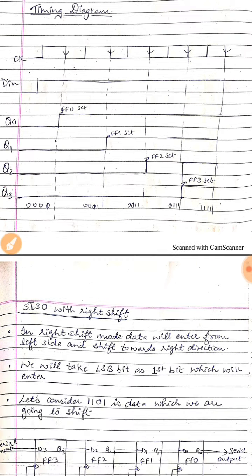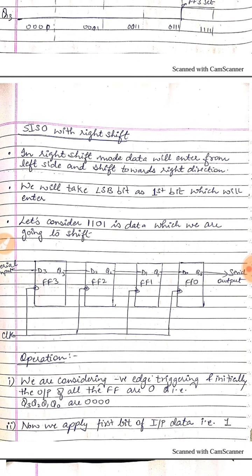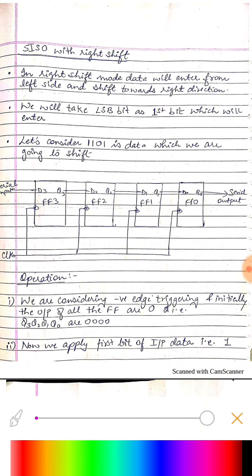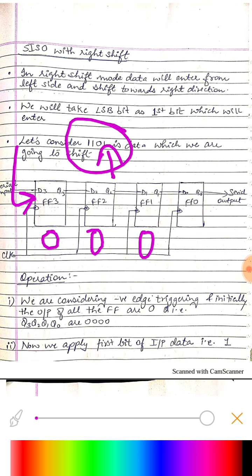Similarly, we can see the serial in serial out right shift. In this, the LSB is fed first. So if we want to feed the data 1101, first of all the LSB will be fed. First 1 will come, initially all were 0, so it becomes 1 0 0 0 at the first negative edge.